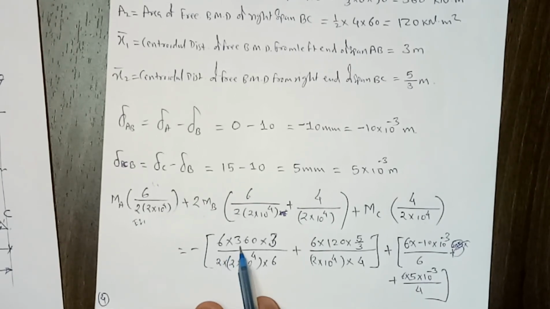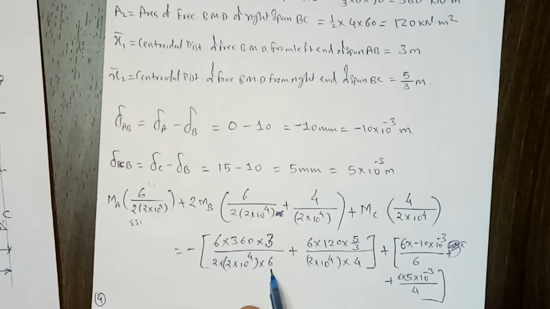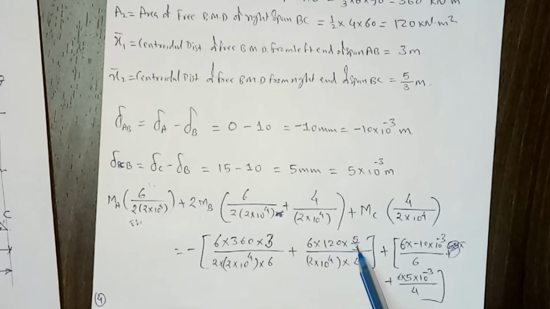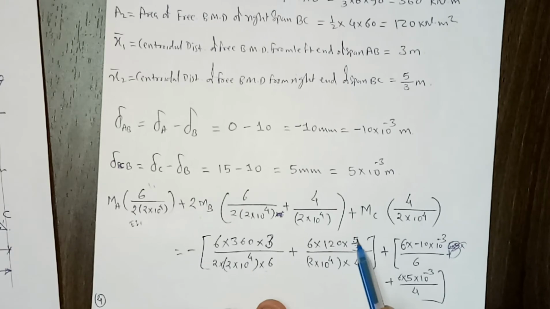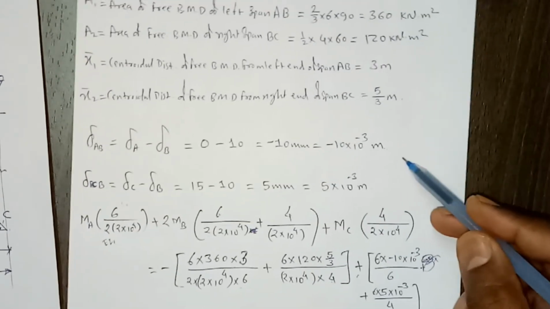So 6 multiplied by A1, which is 360, then multiplied by x1 bar, which is 3 meter, divided by 2 EI multiplied by L1, 6 meter, plus 6 multiplied by 120, that is the area. Then this is the centroidal distance of the right bending moment diagram from the right support, which is 5 by 3 meter, divided by EI, which is 2 into 10 raised to 4, multiplied by L2, which is 4 meter, plus now we'll substitute the deltas.